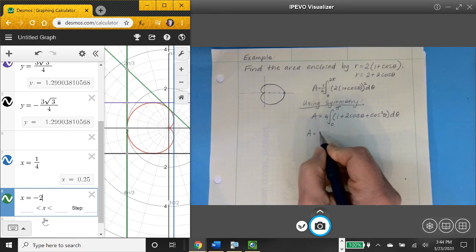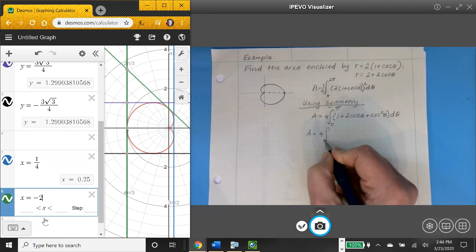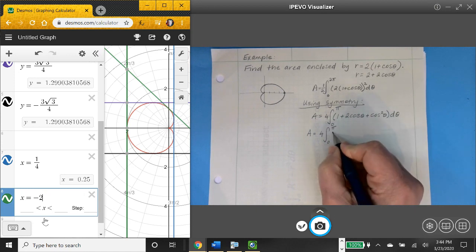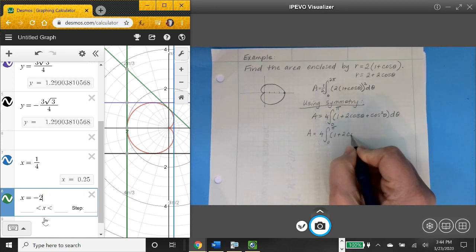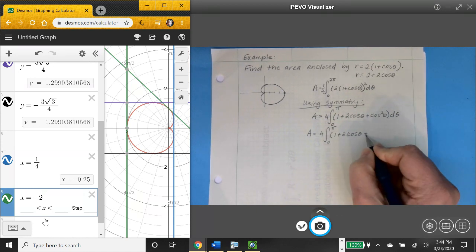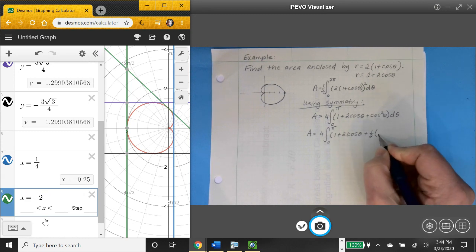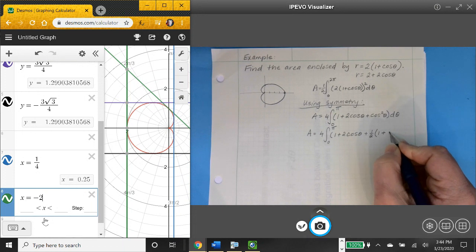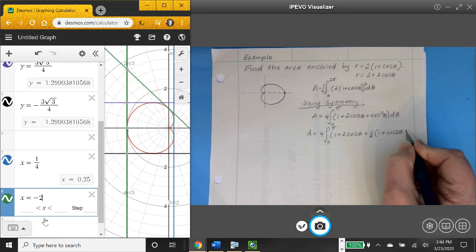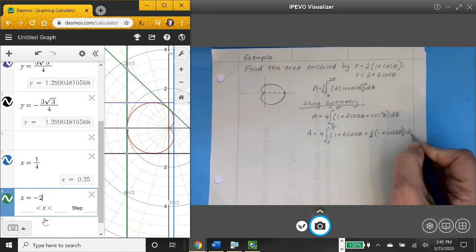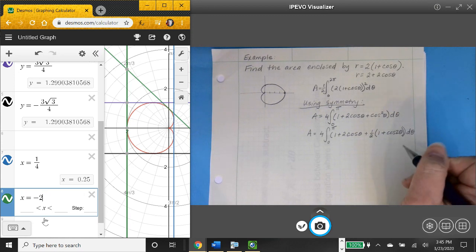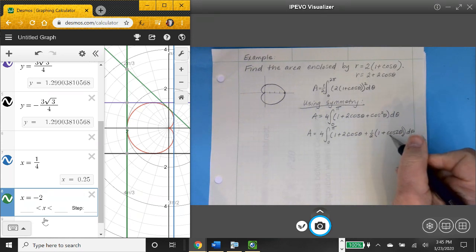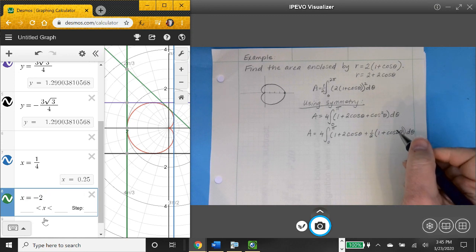We say area equals 4 times the integral from 0 to pi of 1 plus 2 cosine theta plus 1/2 times 1 plus cosine of the double angle of theta, d theta. Right, because cosine is plus and sine is negative when you're integrating squares.